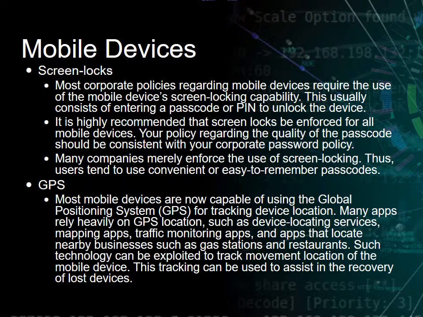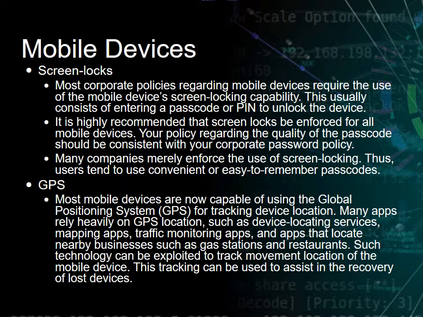Obviously, the more complicated you can make the password or PIN code, the better. Some devices actually use things like facial recognition, or maybe you draw a pattern on the screen. So different ways you can do it. The important thing is having it so that it's locked, that if somebody picked up your phone, they couldn't just go straight into using your contacts or using your phone to do something that might be inappropriate.